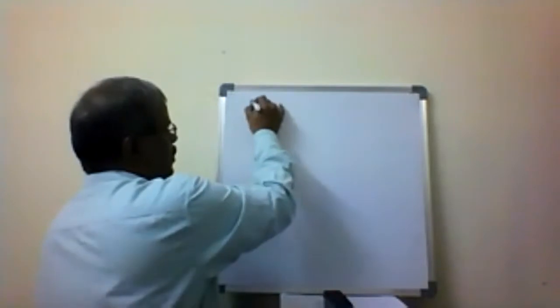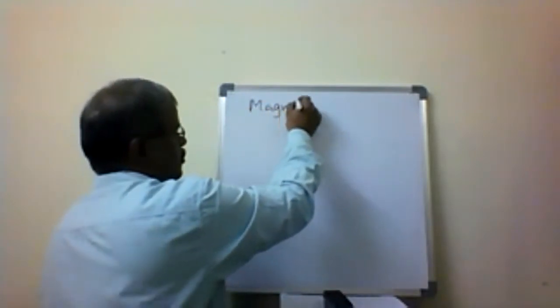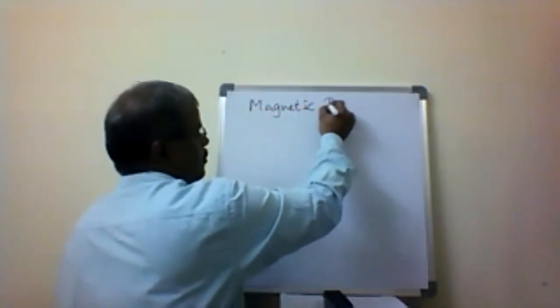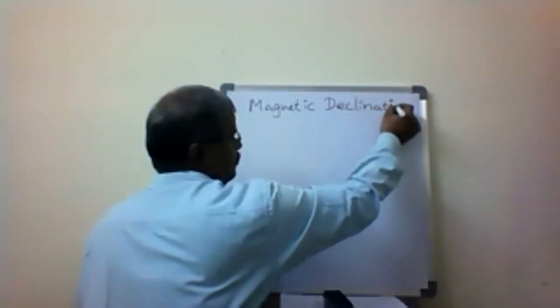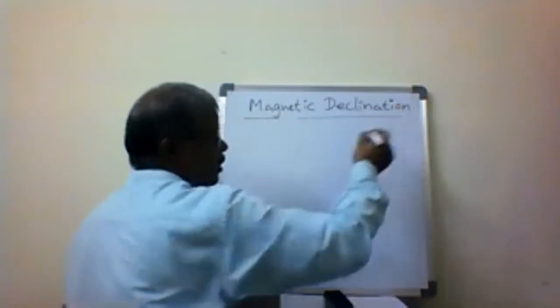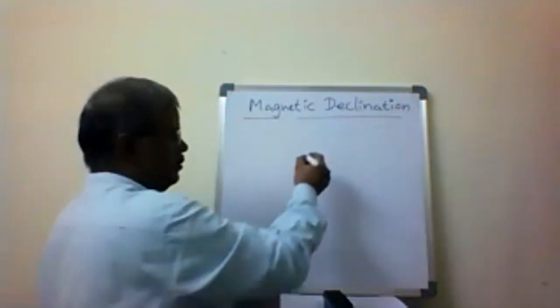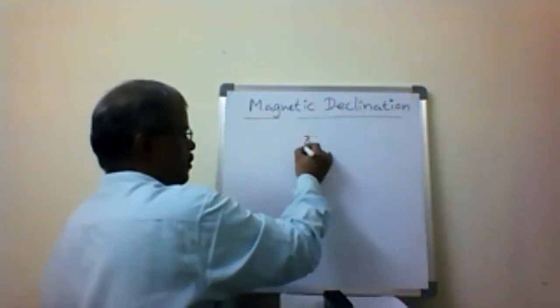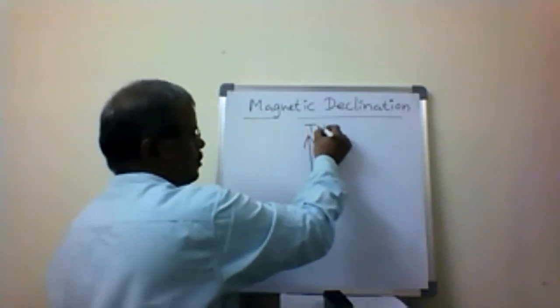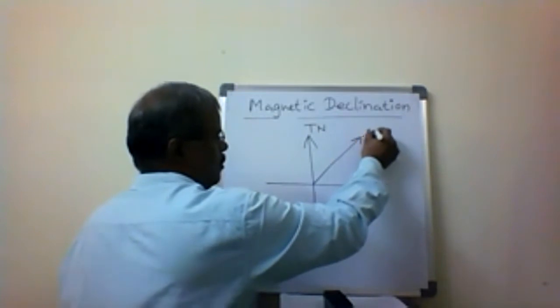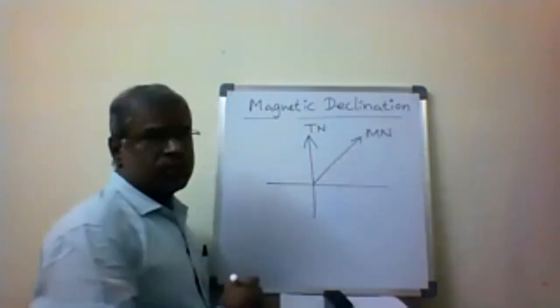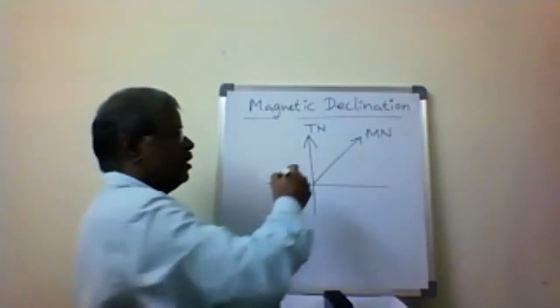So magnetic declination. What is the magnetic declination? This is true north. This is the magnetic north.